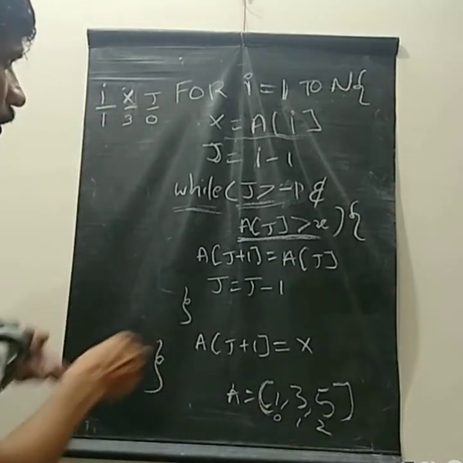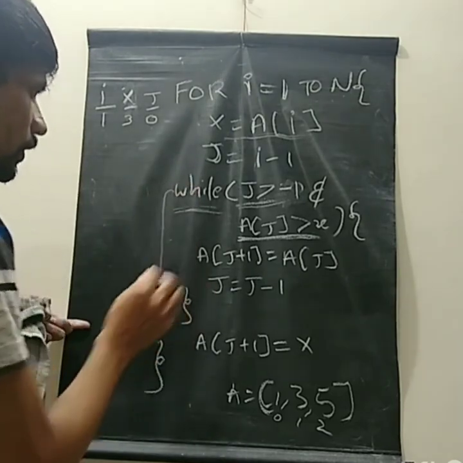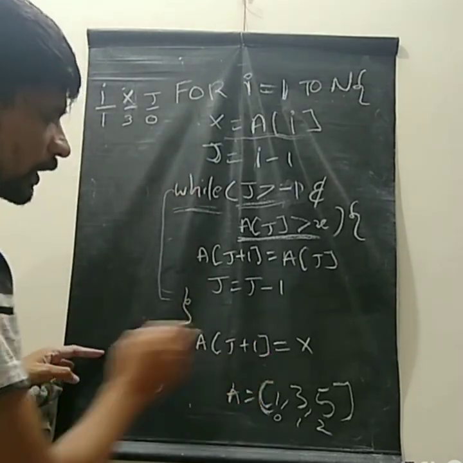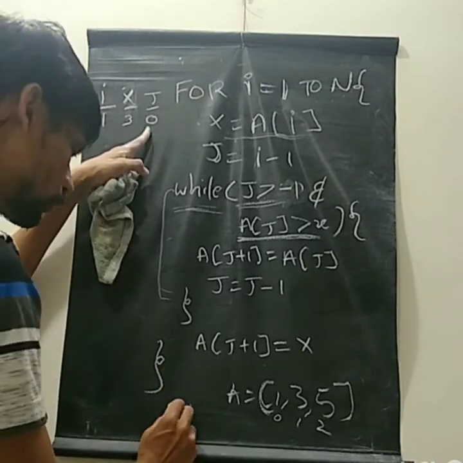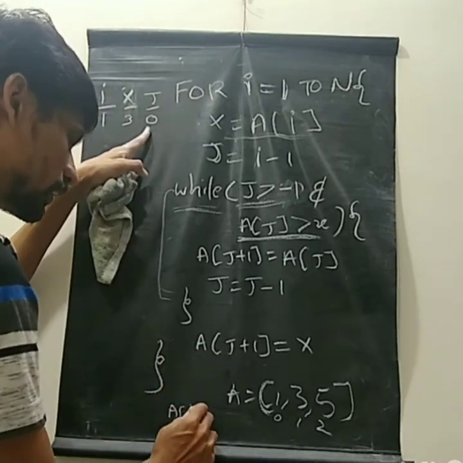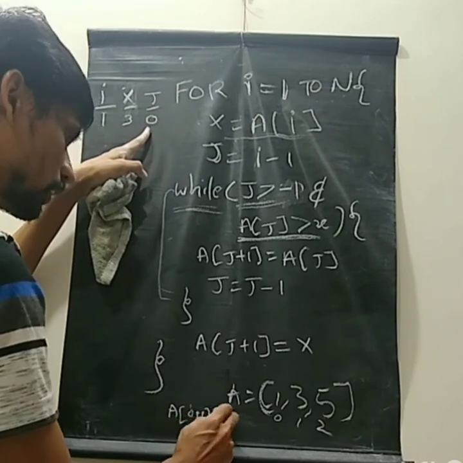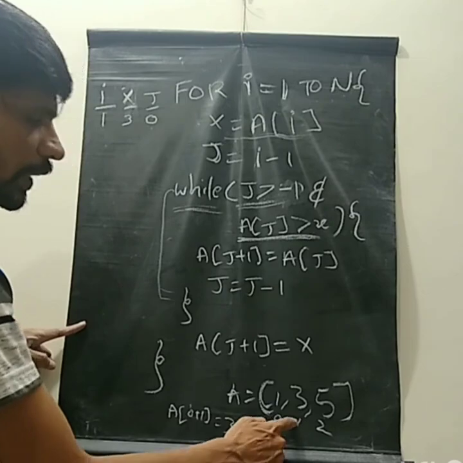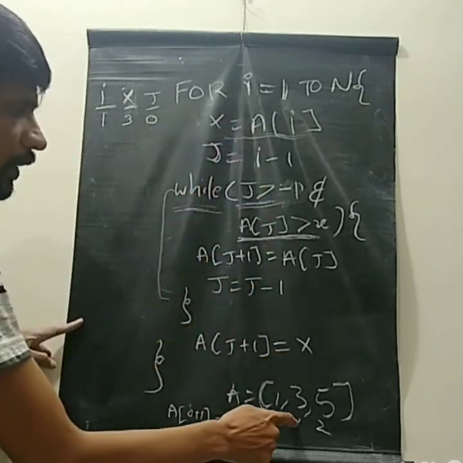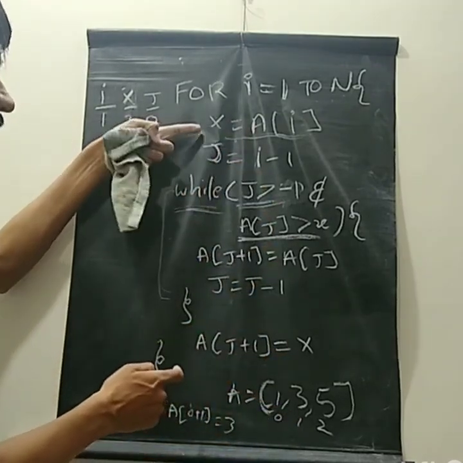So this statement is not executed. Now this statement will execute: a of j plus 1. What is my j? j is 0, plus 1, equals x, which is 3. So we are just keeping the value the same. Why did we keep this value in x?